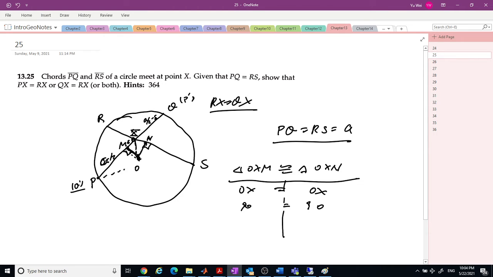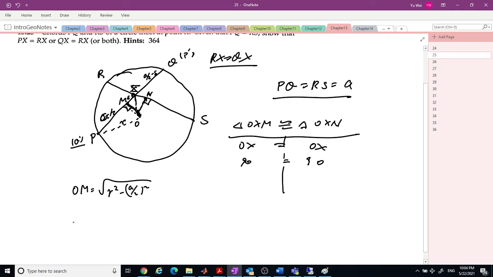Let's see why. Because the radius is the same, right? So OM is equal to, by Pythagoras, the square root of r squared minus (a over 2) squared, right? For the same reason, you can prove ON is equal to the square root of r squared minus (a over 2) squared. So that's why you have ON equals OM.